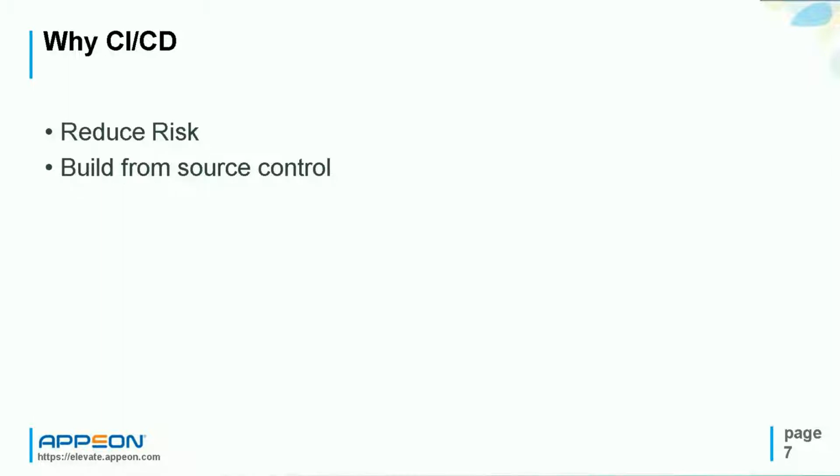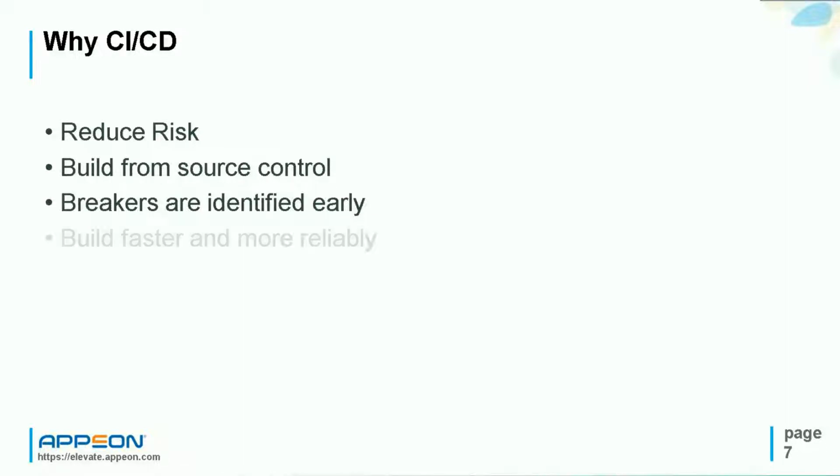So you build from source control, which can involve a lot of problems with regression defects and forgetting to check something in. And it also helps you identify issues early. So if there's something breaking the build, you find out about it right away. And often that makes it a lot easier to resolve the issue.